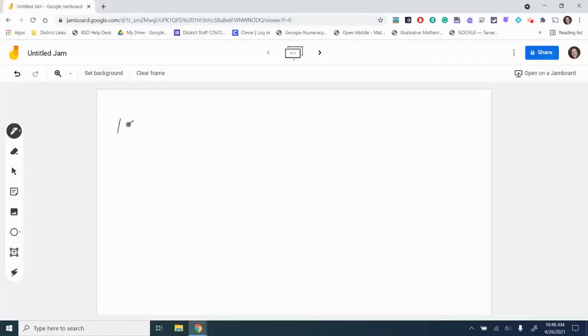Let's take a look at 12 times 14 using an area model. When we work with area models on a blank page, we just need to be conscientious about the spaces that we're drawing. As best we can, they should be proportional to their values.